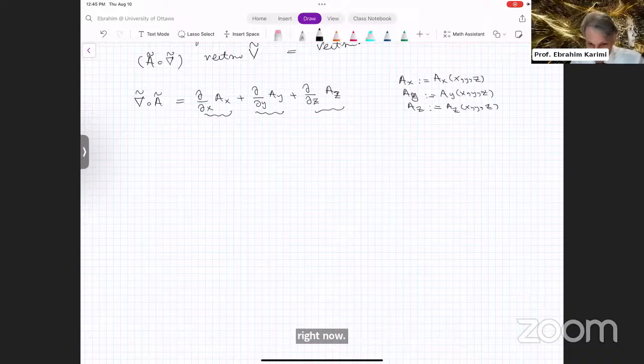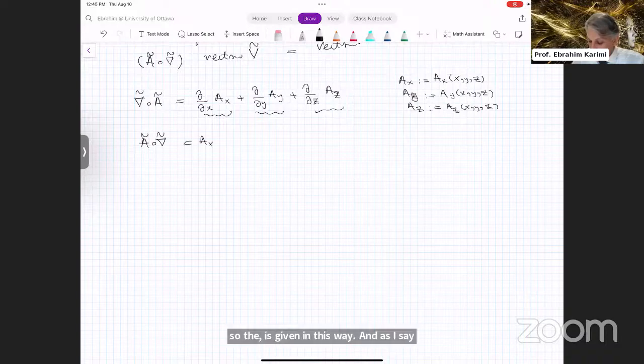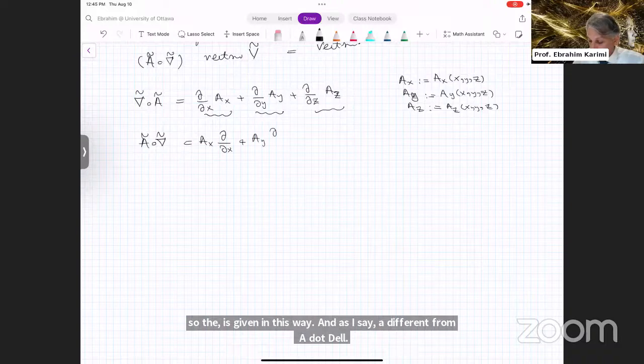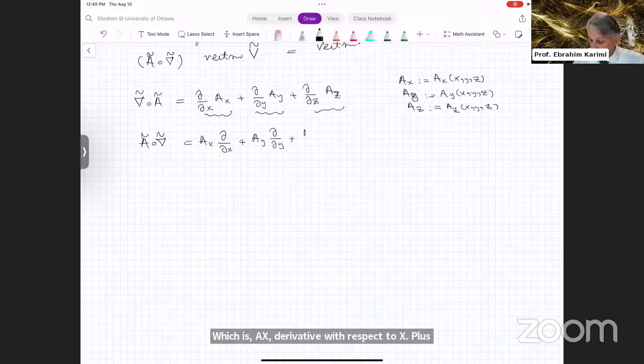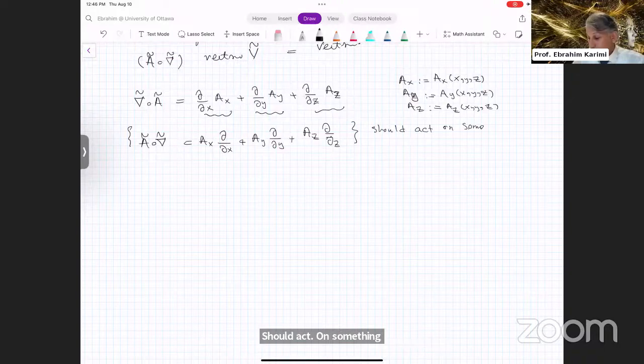Thank you. And so the divergence of A is given in this way, and as I said, it is different from A dot del, which is ax derivative with respect to x plus ay derivative with respect to y plus az derivative with respect to z. Remember that this should act on something, on some function.